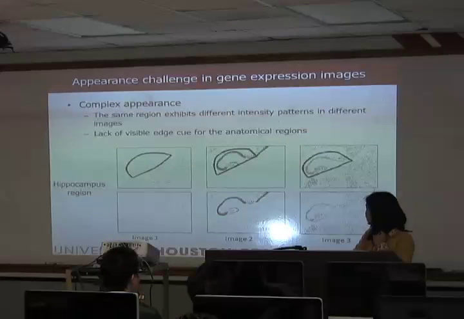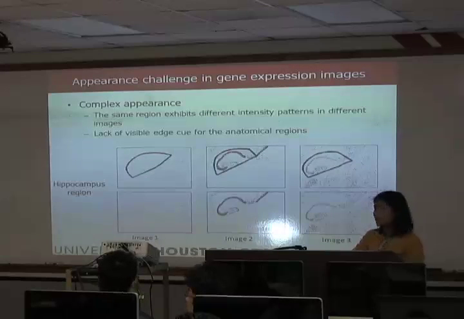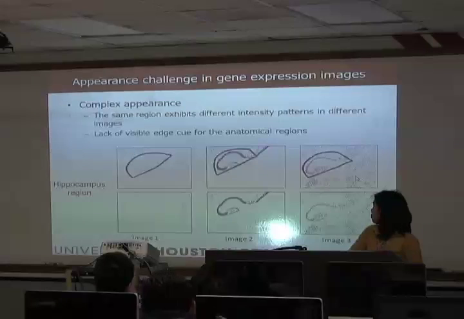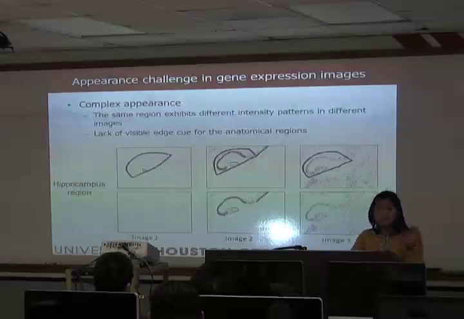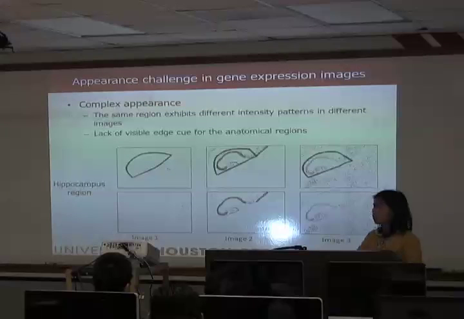In the top row, the hippocampus region is shown in a blue boundary. Looking at the top row, you can see that the intensity pattern of the same region varies a lot across images.